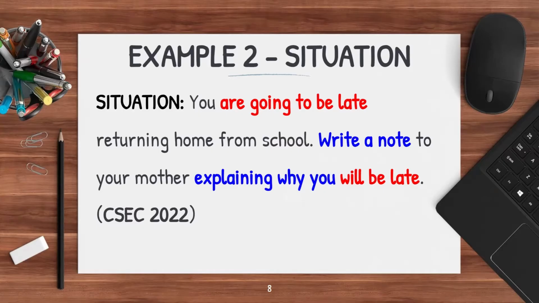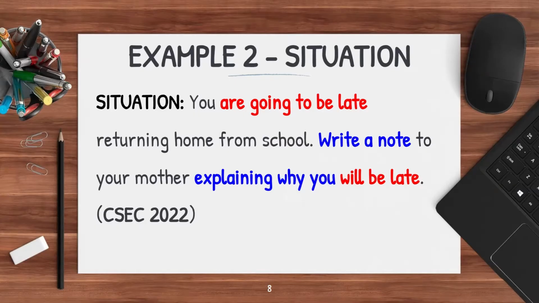So the word will here is an indication that we need to use the future tense because it's referring to something that is happening in the future. Because you're not late yet, but you will be late. All right, you're going to be late, which is another indicator. Going to be.